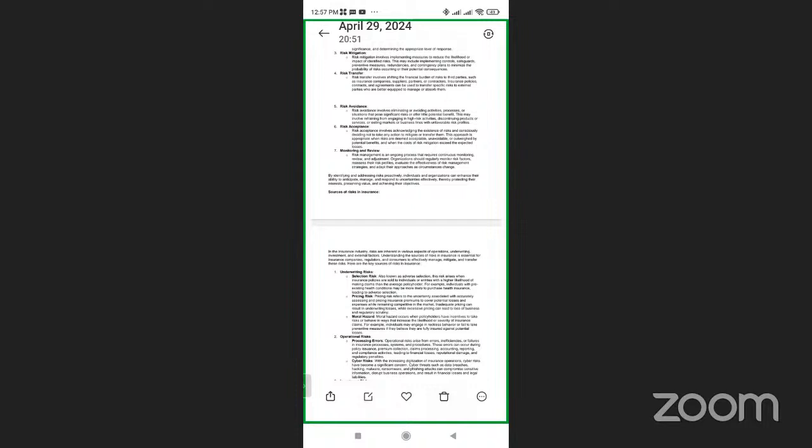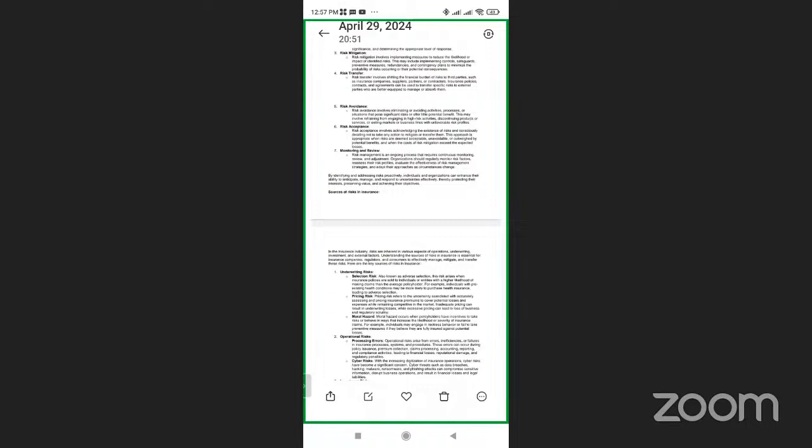But one thing we need to be clear about is that the major source is nothing but the policy proposal. Apart from that, in case of life insurance, the medical examiner's report is also considered another source from where you can identify the risk.